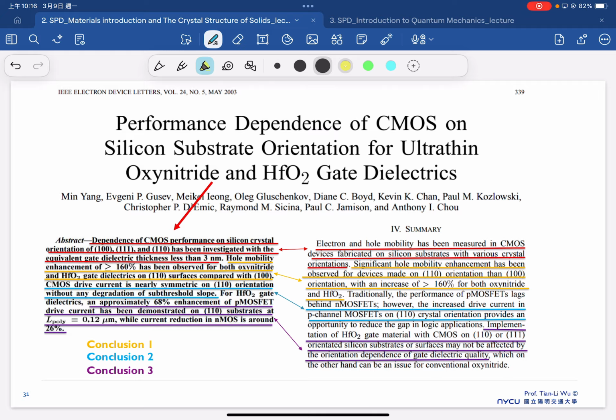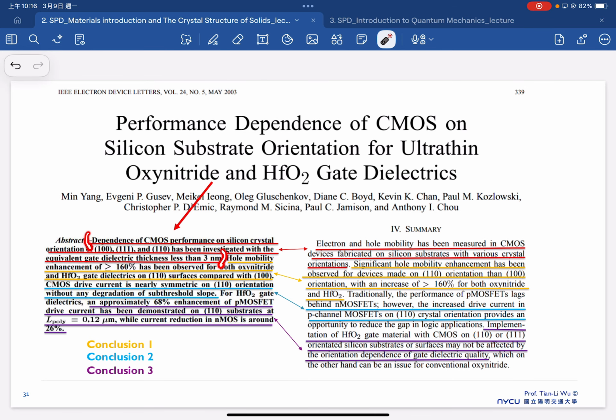Also, this one I want to emphasize: when we write the abstract, the summary, or the title, everything should be consistent. Normally when we write the paper, we always divide it by three key conclusions. So the first sentence here, until here, the dependency of the CMOS.